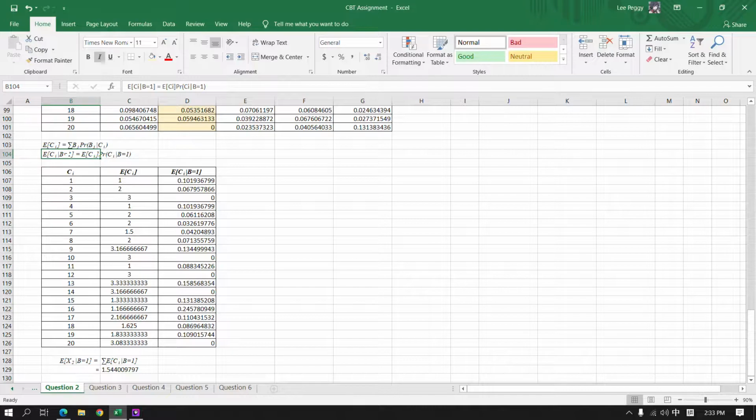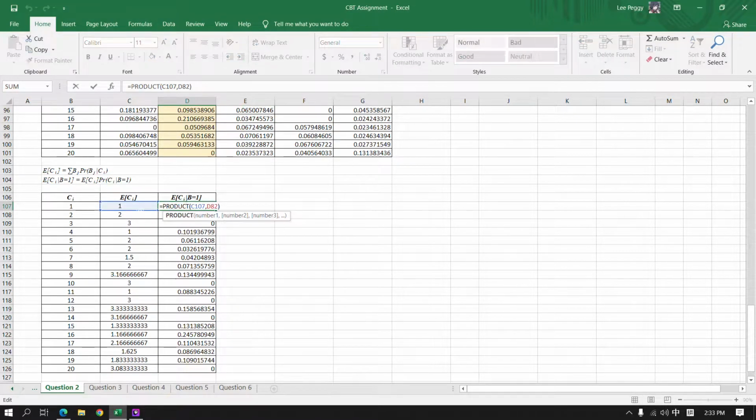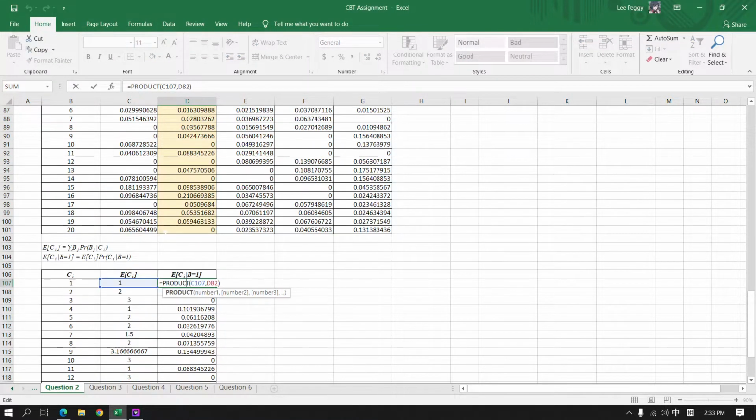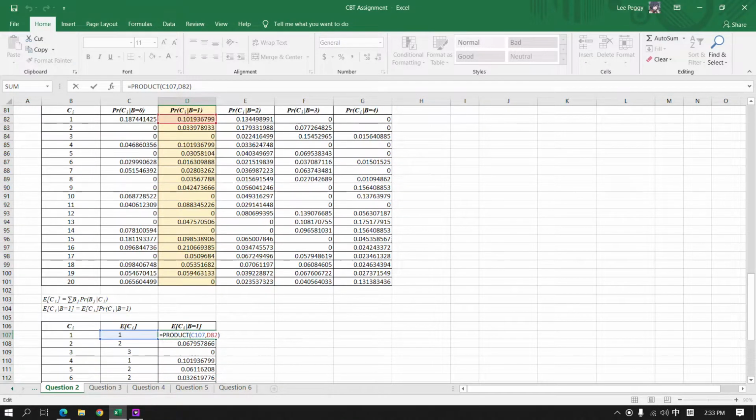After we get the expected value of Ci, we can get the expected value of Ci given B equals 1, which is this. We can find it by multiplying the expected value of Ci with the probability of Ci given B equals 1.